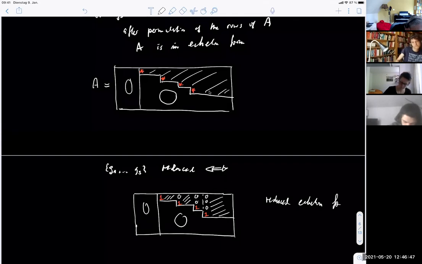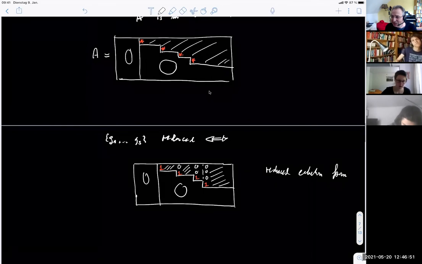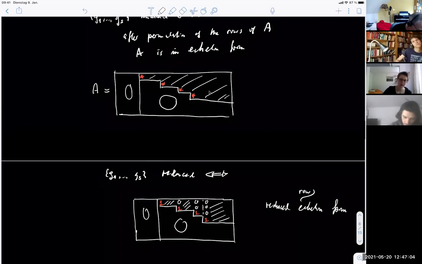I wasn't sure whether it is called reduced echelon form, or reduced row echelon form, because you can even reduce more. I always met row echelon. So this is also row echelon form, actually. Okay. I should teach linear algebra, then I would remember the namings.